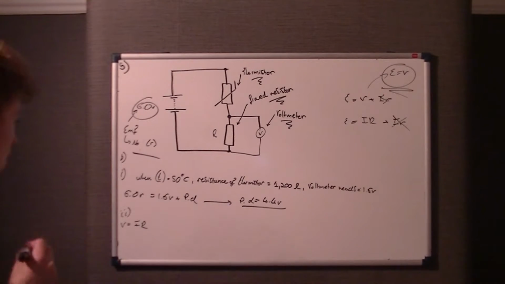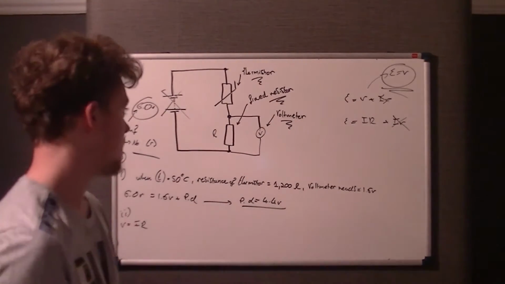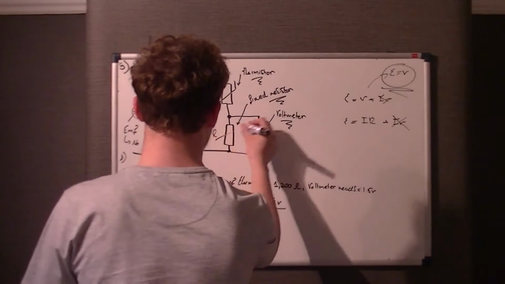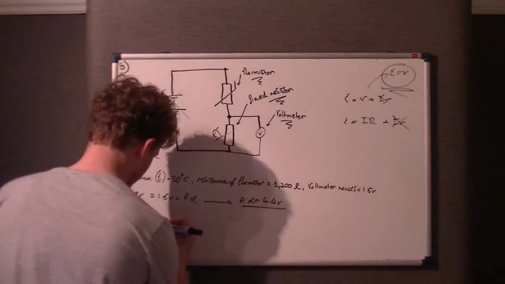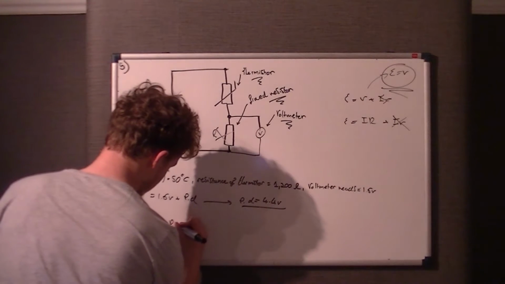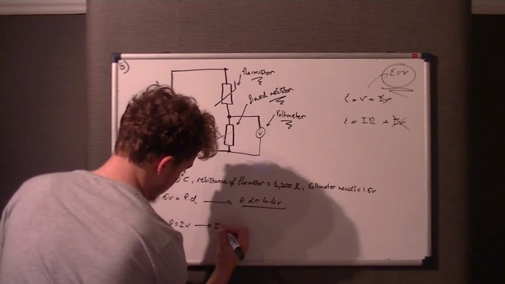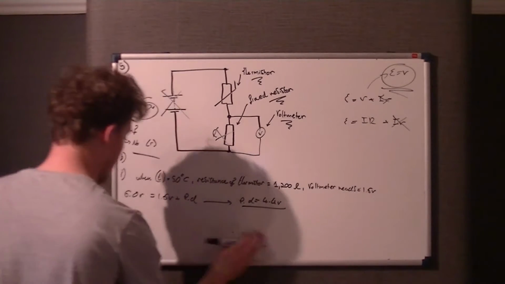So we can't use it across the terminals of the battery. I should also mention the other equation: P is equal to IV, so the current would be the power over the potential difference, but we don't know the power, so we can't use that equation.